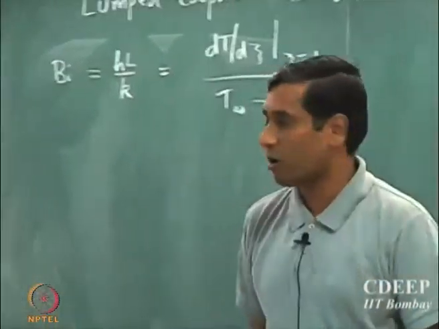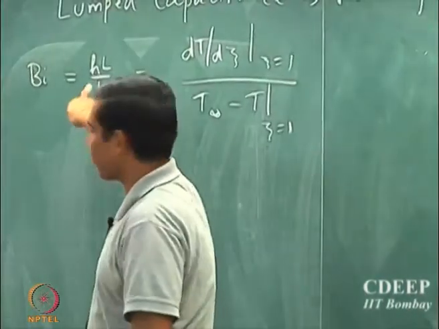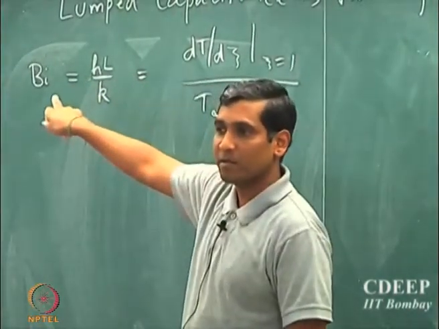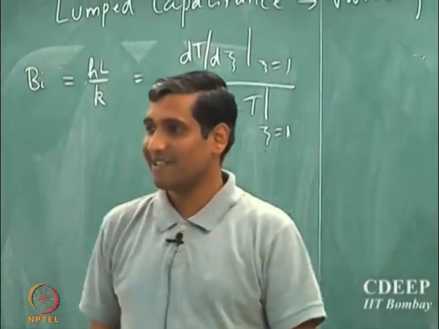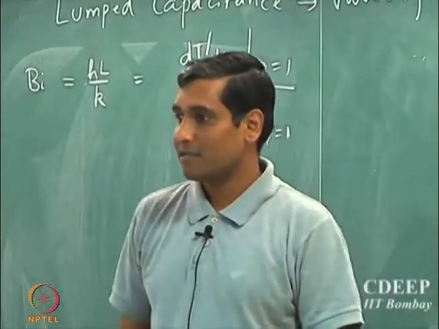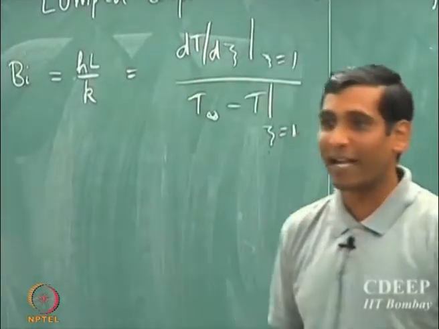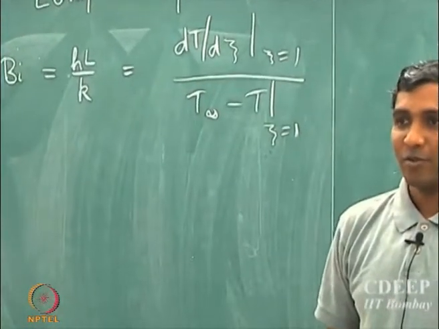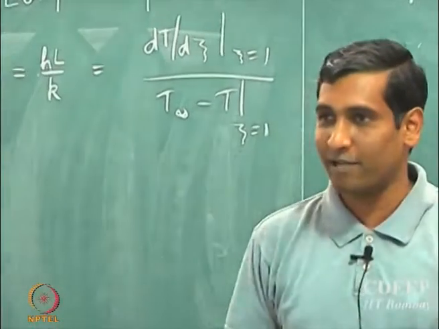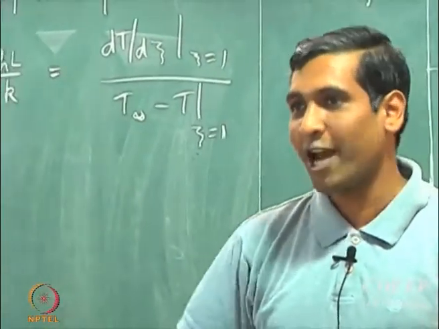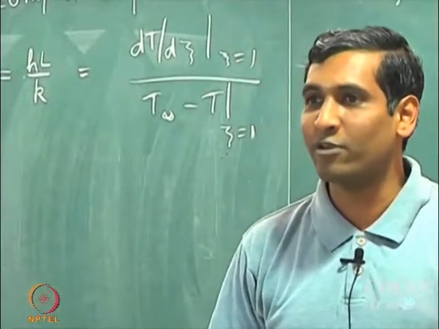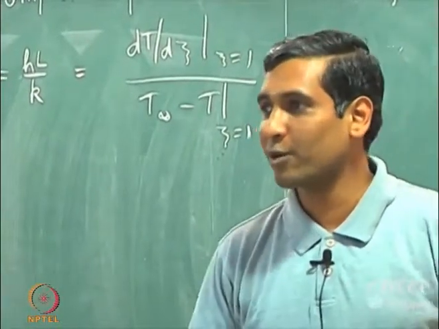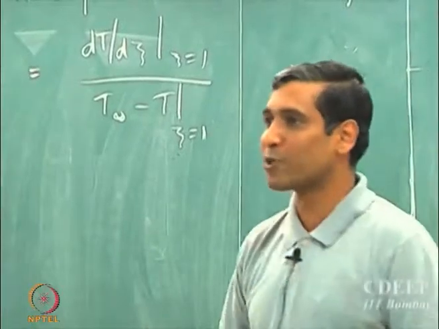So this is a dimensionless quantity. What are the units of heat transfer coefficient? Watt per meter square Kelvin. So remember Newton's law of cooling, the heat transfer rate is h times area times temperature difference. The heat transfer rate unit is watts, so heat transfer coefficient unit is watt per meter square per Kelvin.